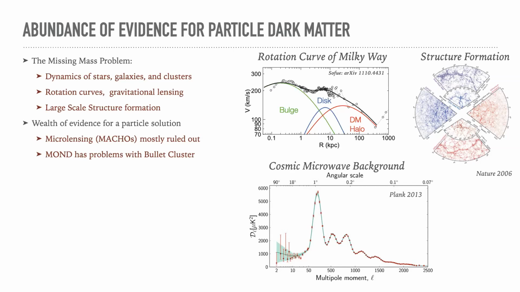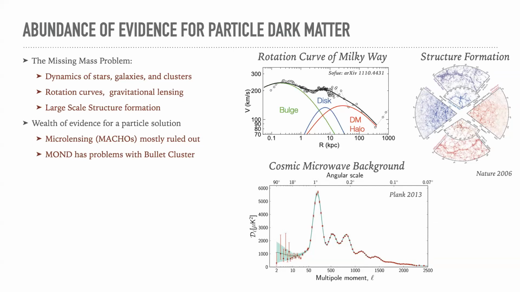Microlensing techniques have mostly ruled out the idea of massive compact halo objects as being the dark matter. And if you go with a modified theory of gravity, although they can solve some of the issues, they seem not to be able to find a theory that can inclusively cover all of the wealth of evidence that we have.